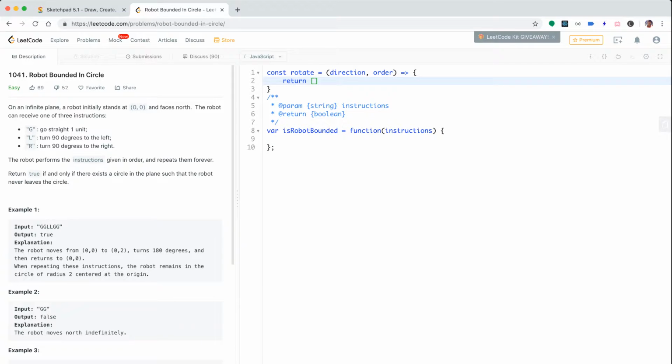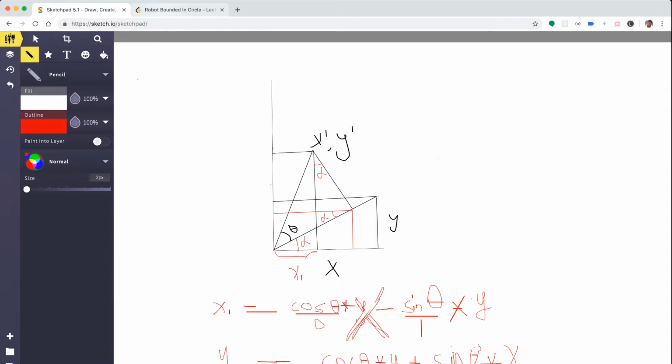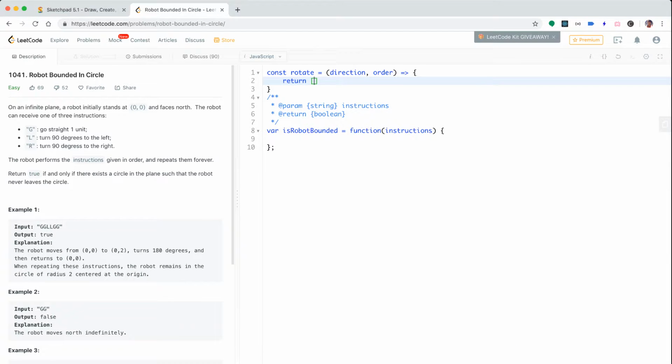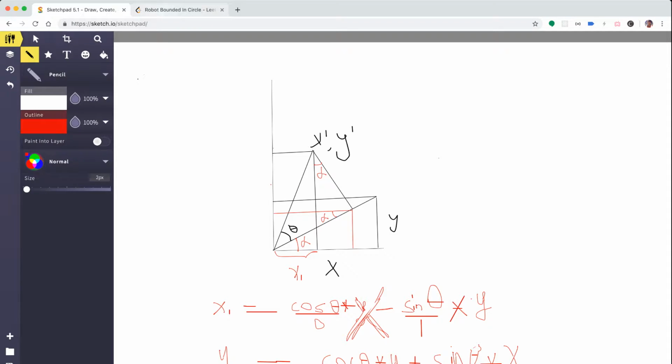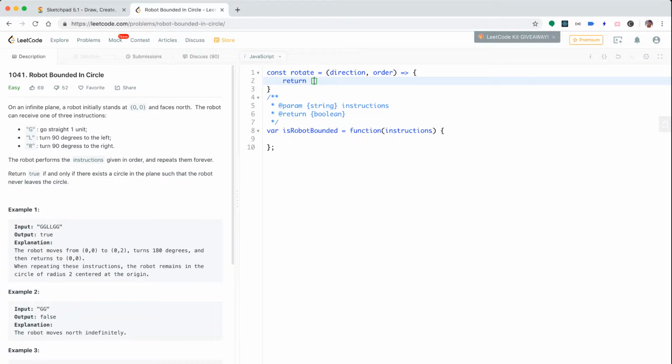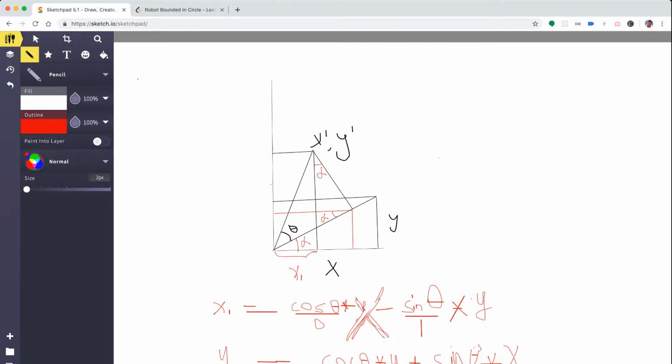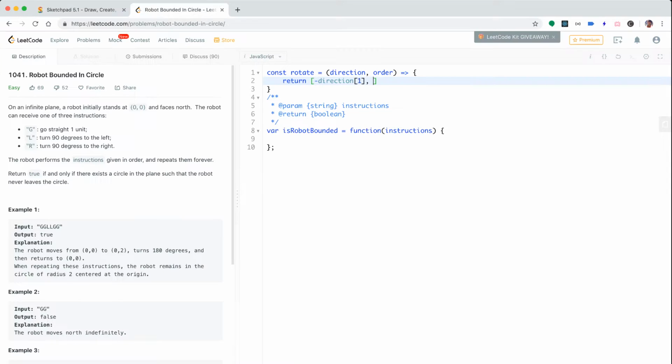This 90 degrees is for L, turning left, because it's counterclockwise, so it should be direction 1, and y should be sine theta, so x direction 0. But this is the case of order equals L.